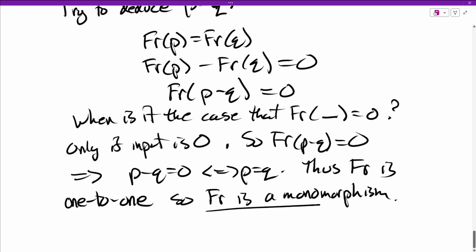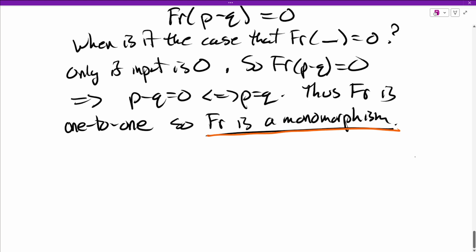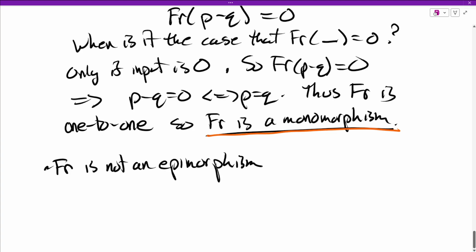All right, great. All right, let's go through the last types of orphisms. The Frobenius is not an epimorphism, because the things that the Frobenius outputs are squares. What you do is you take your polynomial and then you square the monomials.